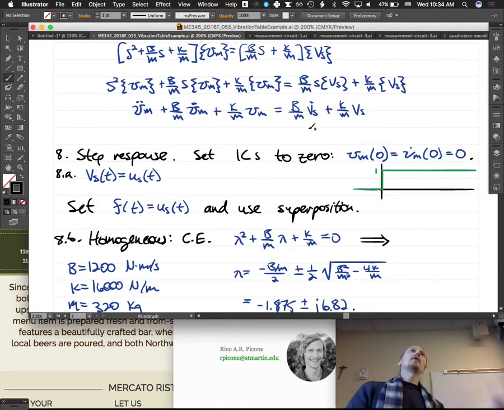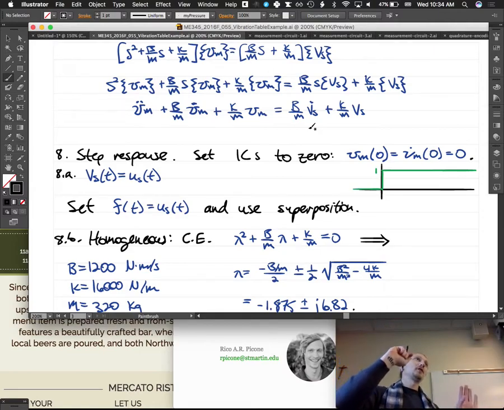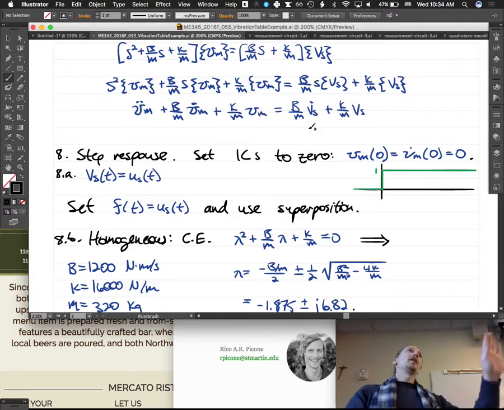So in general, remember that superposition tells us that if you have the addition of two terms in your forcing function, then you can find the solution to one of those terms. Just put in one of them by itself, find that solution, and put in the other one by itself, find that solution, and then just add them together, right?